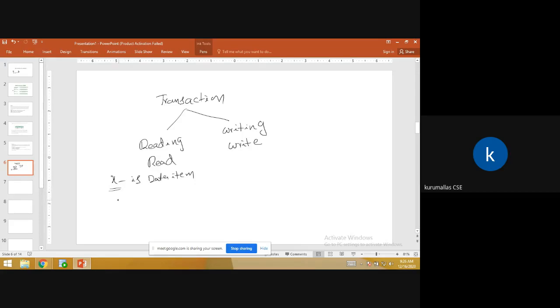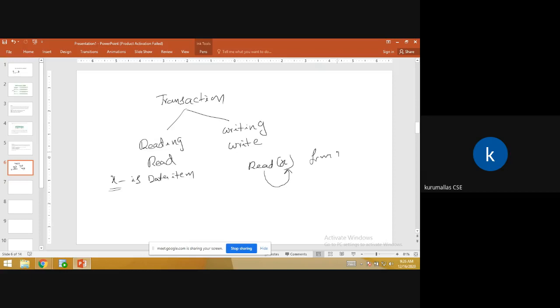So how to represent this in a database? Read of X performs the reading operation of data item X from the database.